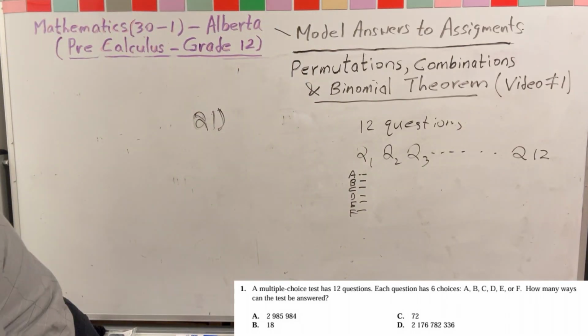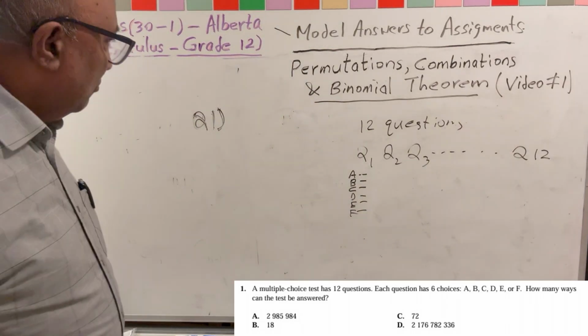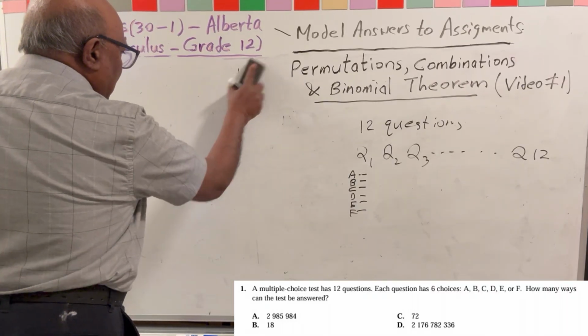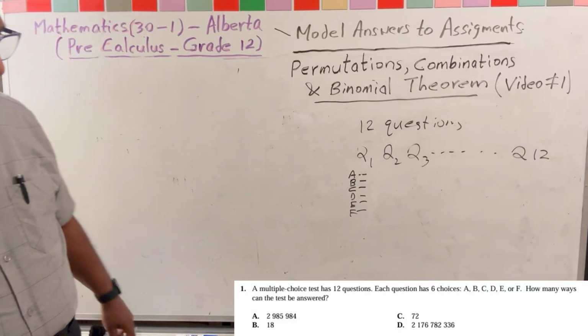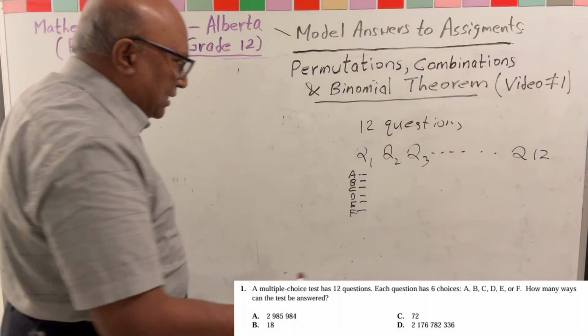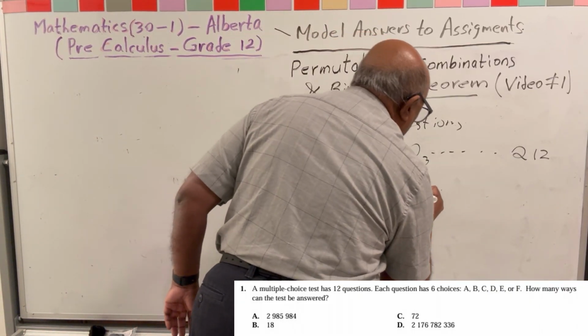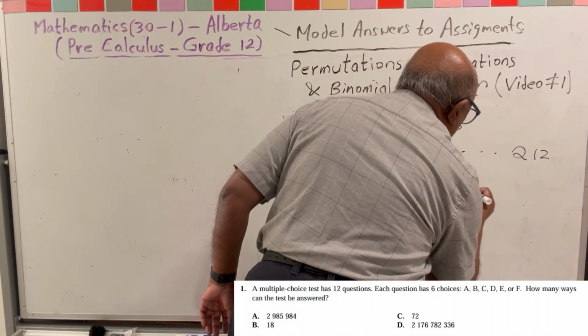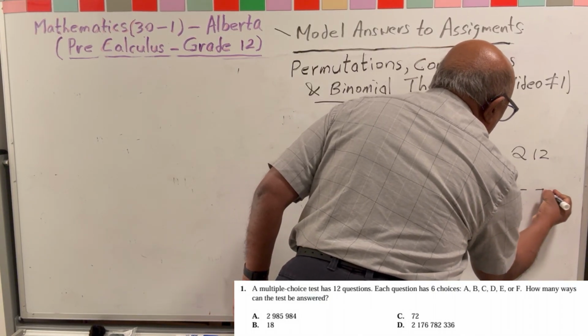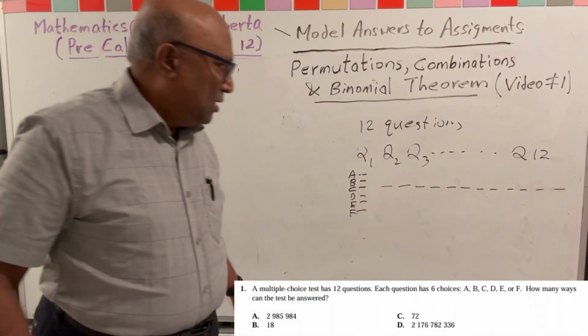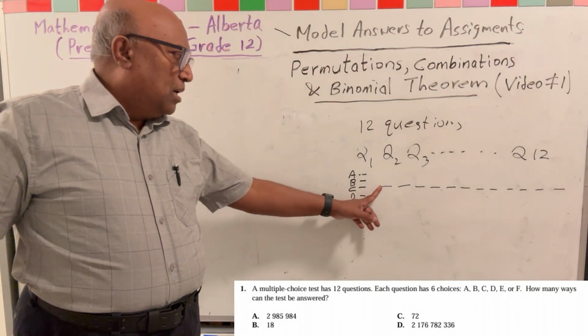Being the first question, we have to understand this concept carefully. Let's imagine 12 spaces, 1, 2, 3, 4, 5, 6, up to 12. How many ways can you select the first question?